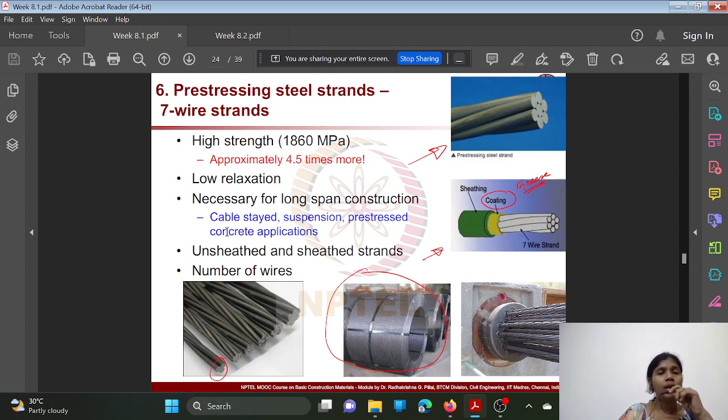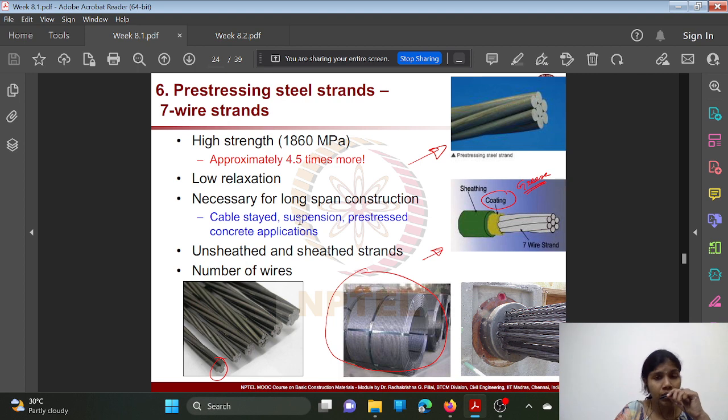And it will have higher strength. The yield strength here will be 1860 megapascal, so approximately 4.5 times more than the normal steel. Okay, and it has low relaxation and is necessary for long span construction, cable stayed, suspension and pre-stressed concrete applications.